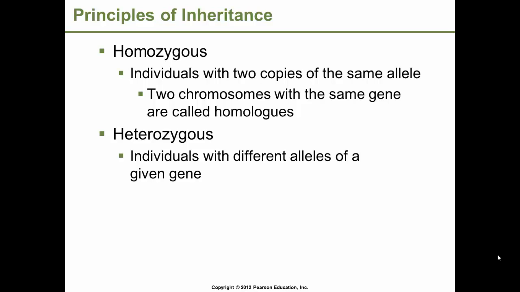Homozygous is the term that defines individuals with two copies of the same allele. So these would be two chromosomes with the same gene, in other words, homologous, called homologs. Heterozygous individuals are individuals with different alleles for a given gene.